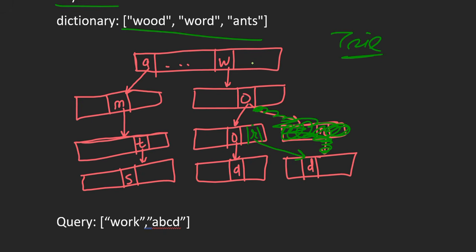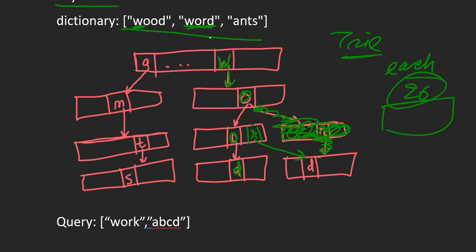At each node we have taken a 26 character array from A to Z. First we check, does the first node have a W? For wood, this W won't be there, so we store W, then we make a new node, and then we store O, then we again make a new node and store O, and again make a new node, and we store D.